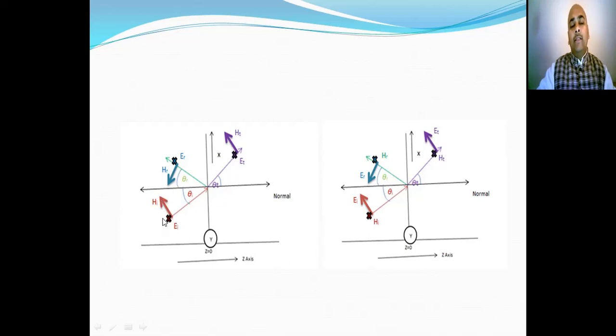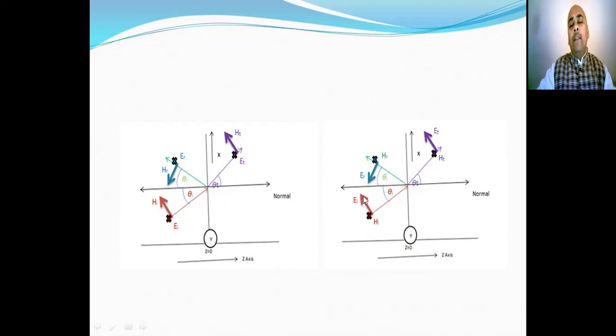So in case the electrical field is perpendicular to the plane containing the direction of propagation and magnetic field, then this is called a perpendicular polarized wave. However, if the electrical field lies in the plane of the paper, then it is called a parallel polarized wave.